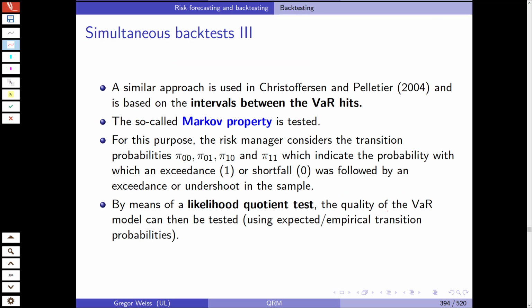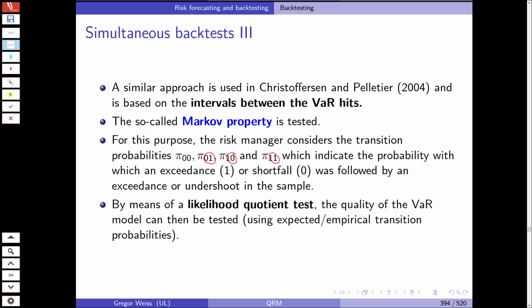Now, there is also a different test out there by Christoffersen and Pelletier from 2004. This is based on the intervals between the VaR hits. And then we're testing the Markov property we've seen already. For this purpose, the risk manager considers the transition probability. So what is the probability of having a 0 after a 0, of having a hit after a 0, of having no exceedance after having an exceedance, and what is the probability of having 2 exceedances in a row.